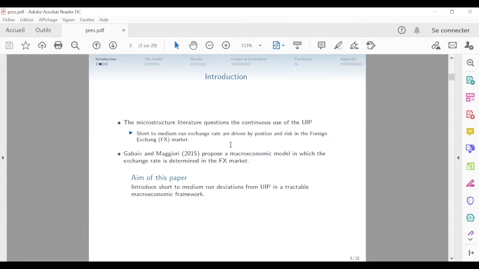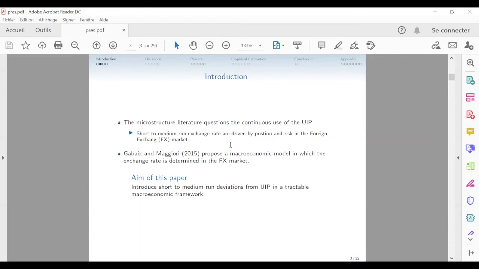The paper of Gabaix and Maggiori is really interesting in the sense that it kind of reconciles the macroeconomic literature with this microstructure literature, in the sense that they propose a way to model the exchange rate in which the exchange rate is driven by position and risk in the foreign exchange market as well.